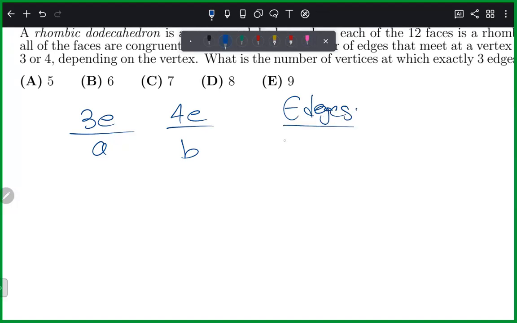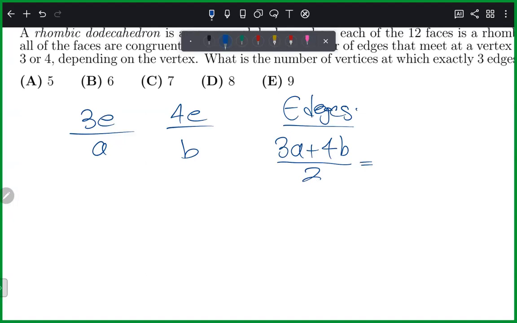On the one hand, each first type vertex contributes 3A, and the second type contributes 4B edges, but each edge is counted twice because each edge has 2 vertices, so we need to divide by 2.